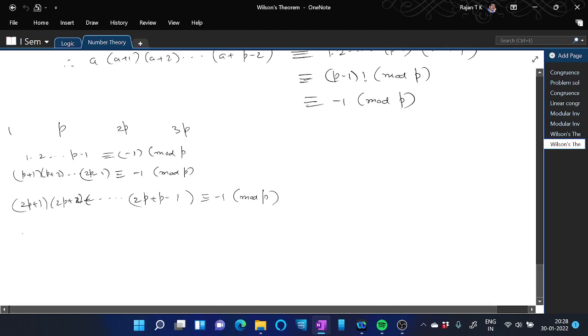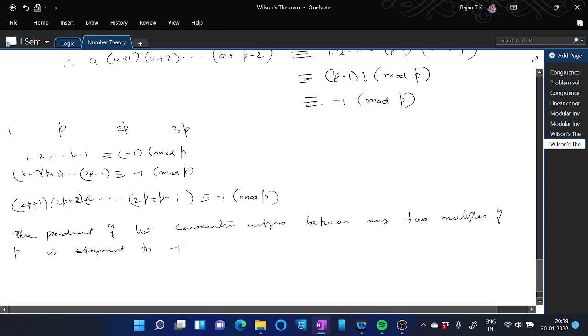So this result says that the product of the consecutive integers between any two multiples of p, say p and 2p, 2p and 3p, like that, is congruent to minus 1 mod p.